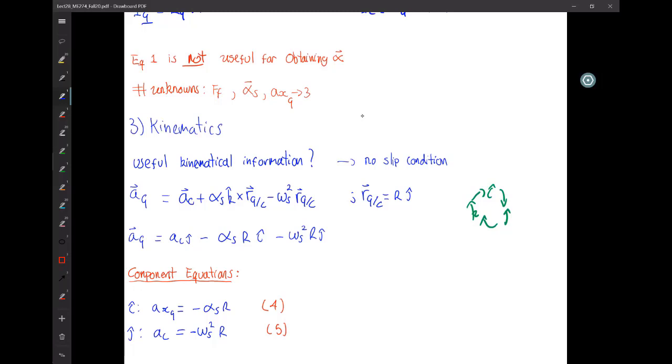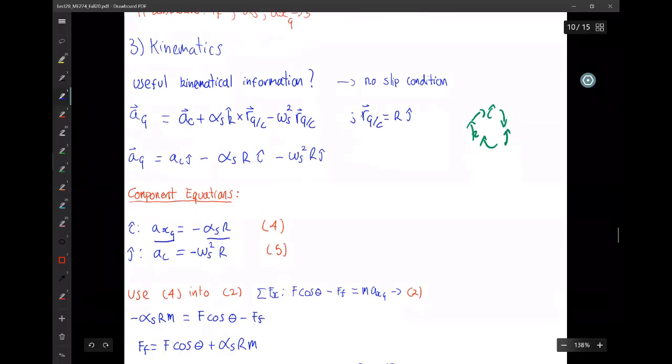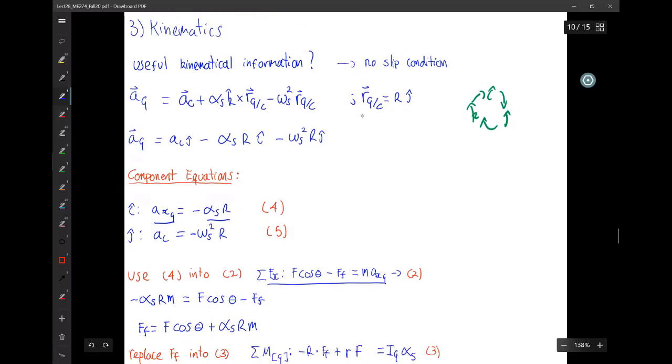And this is what is important to solve our problem, that we have a relationship between the acceleration in the x direction and the angular acceleration. So we look at the forces in the x direction and we relate the forces to the angular acceleration.